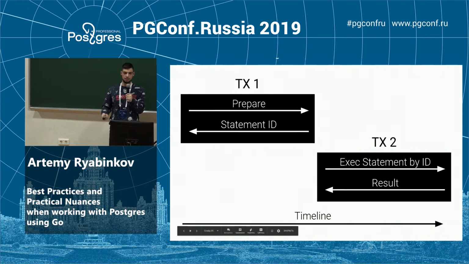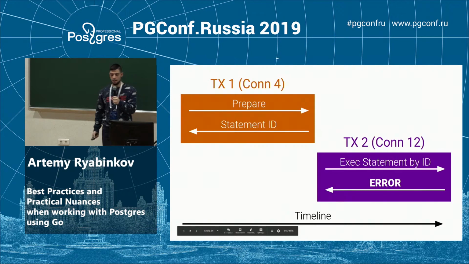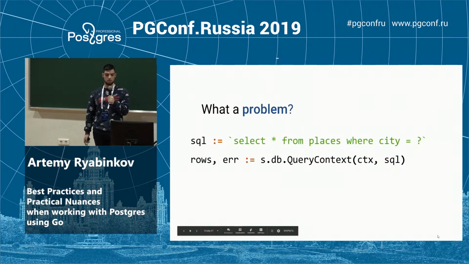But if you use PG bouncer, these two transactions will be present in different connections. If two transactions are present in different connections, then statement ID within two connections would not exist. Statement ID within the framework of connection 4 would not exist in connection 5. So it will be an error when PG bouncer and prepared statement is used.